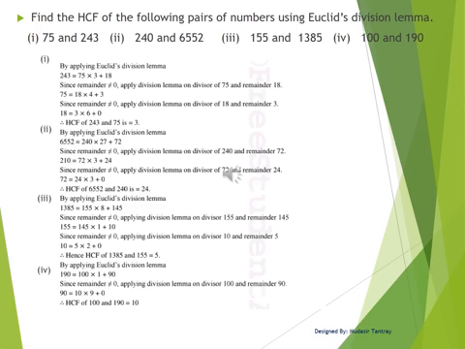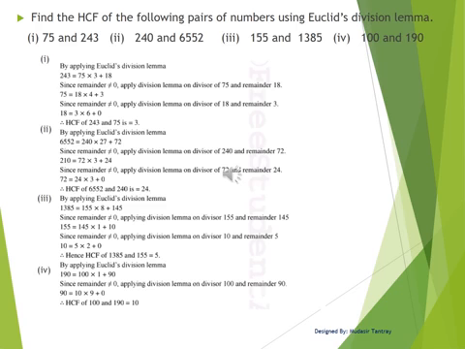Then 155 is equal to 145 into 1 plus 10. Since remainder is not equal to 0, apply division lemma on divisor 10 and remainder 5. 10 is equal to 5 into 2 plus 0. Hence, HCF of 1385 and 155 is equal to 5.